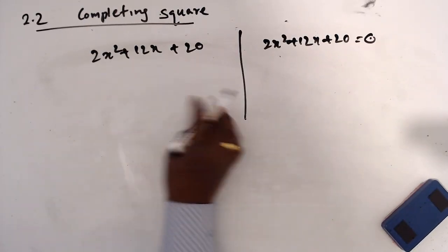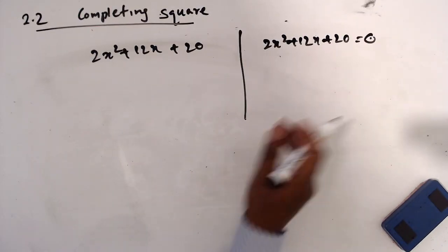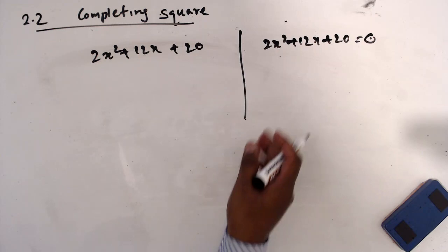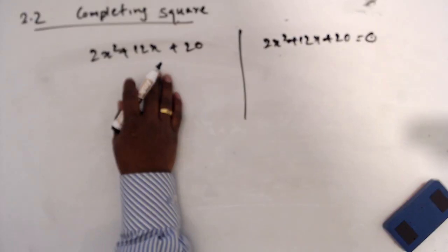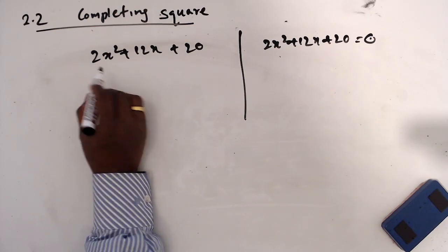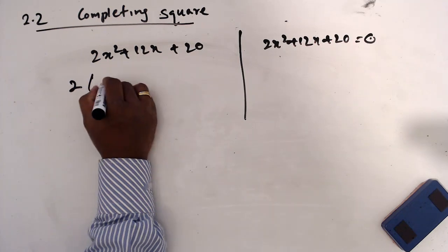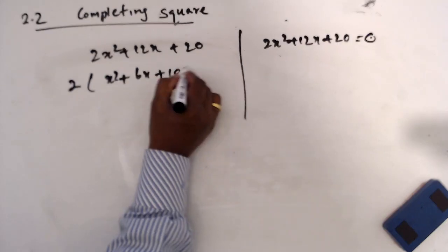Now you are going to complete the square, but this is an expression and this is an equation. So the equation is much easier than the expression. Here you can see I have to take 2 out, x square plus 6x plus 10.